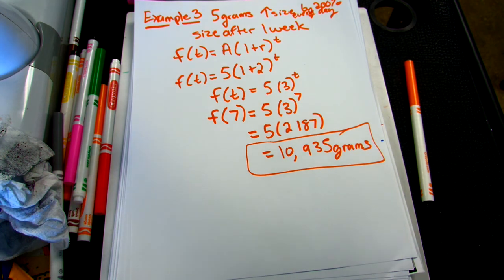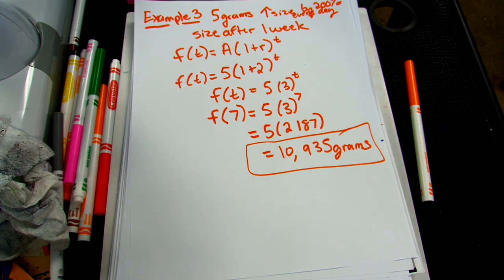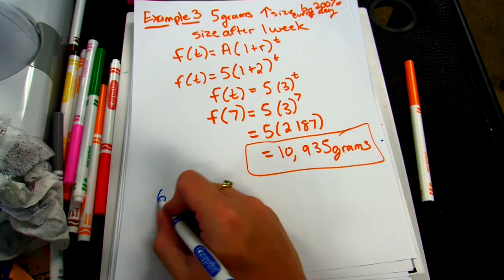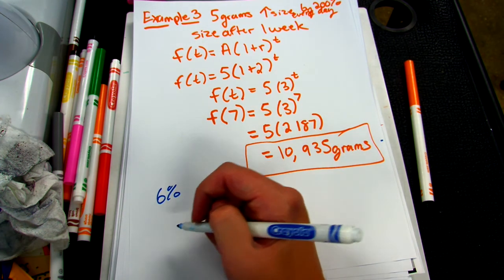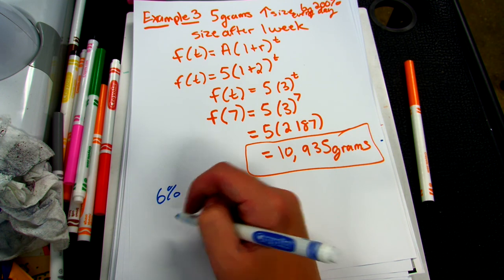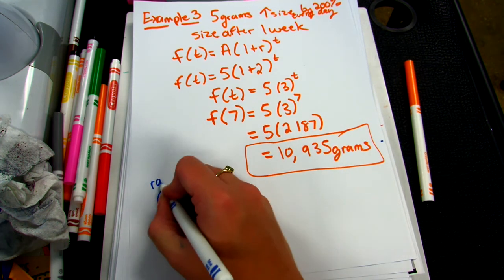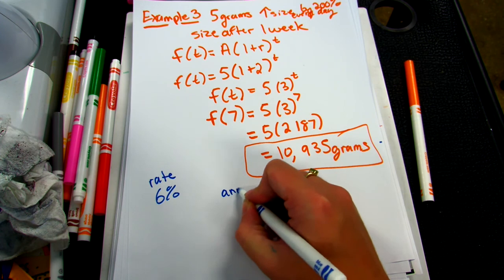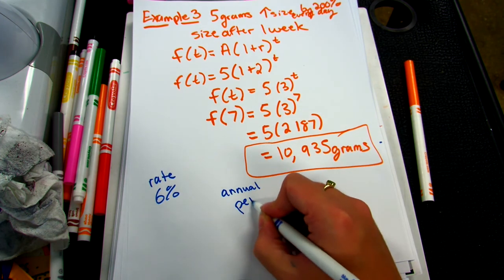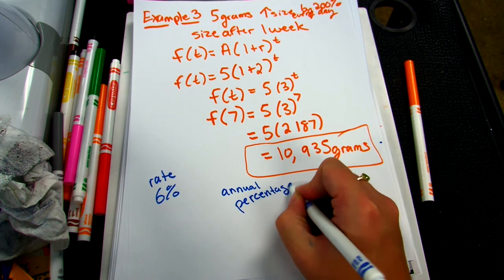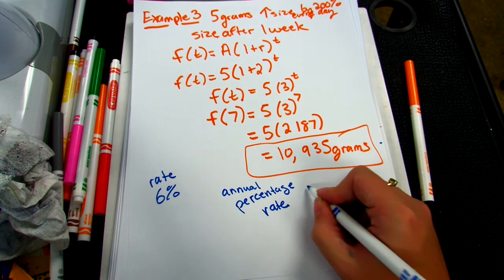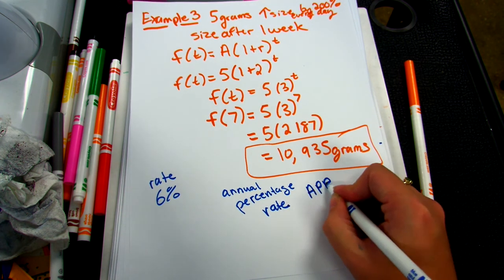You have to be careful when you determine interest rate because you have to divide the percentage rate by the number of periods in a year. So for example, if your interest rate is 6% and you want to find out what your annual percentage rate is, which we usually call APR.